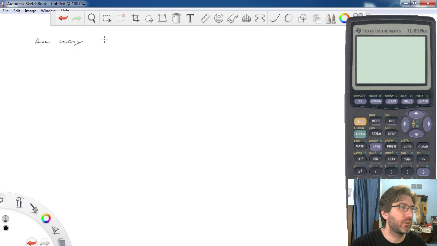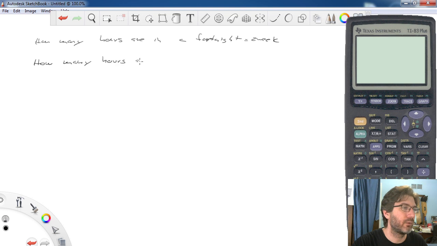how many hours are in a fortnight, and it tells you that a fortnight is equal to 2 weeks. So it really wants to know how many hours are in 2 weeks.